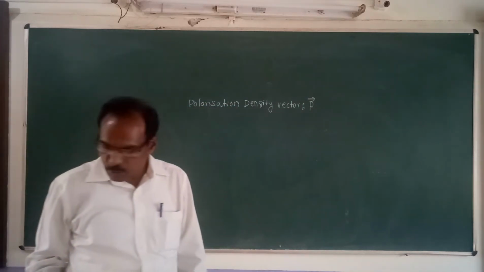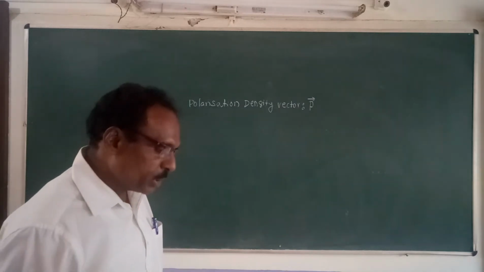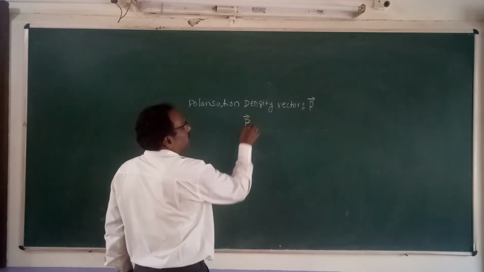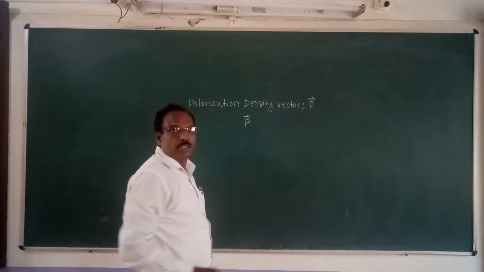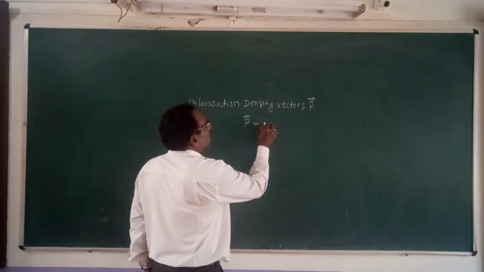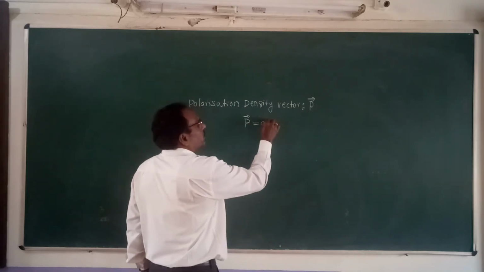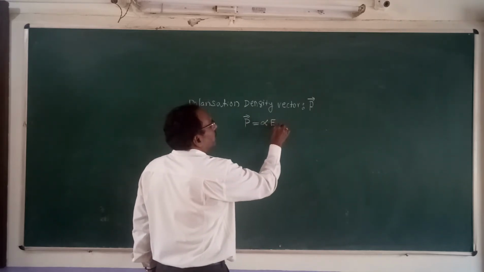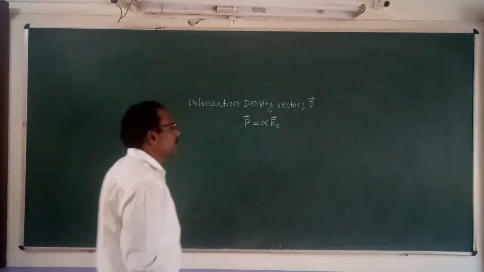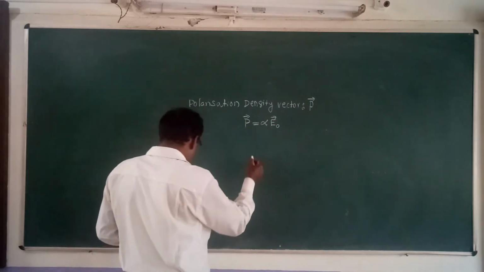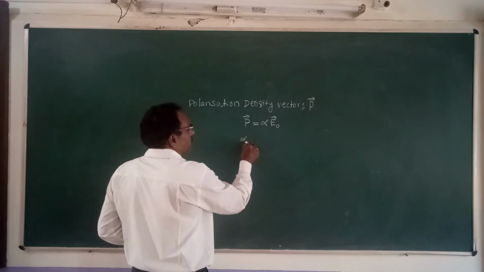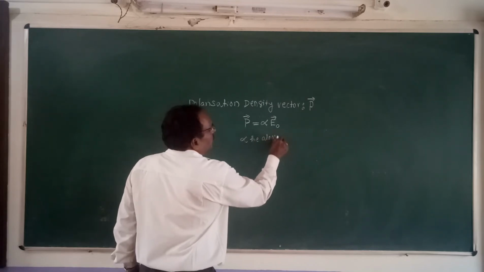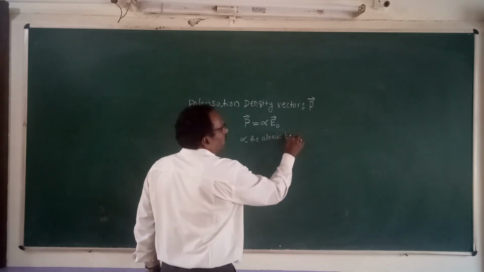This polarization density vector, P, is given by a proportionality constant alpha into E, the applied electric field. We have written this. So this alpha is the atomic polarization, or polarizability.